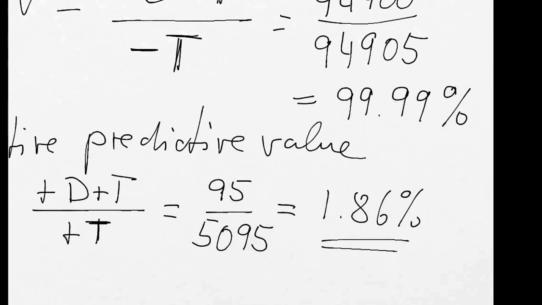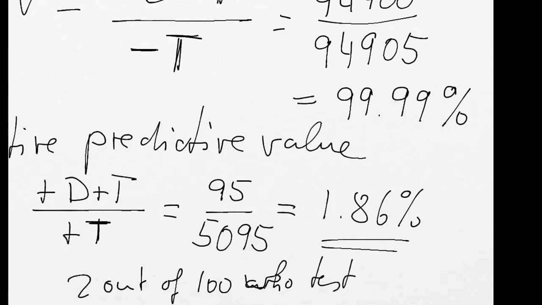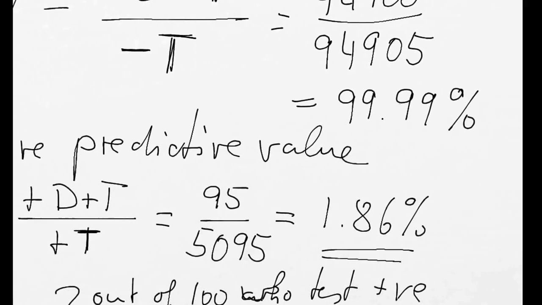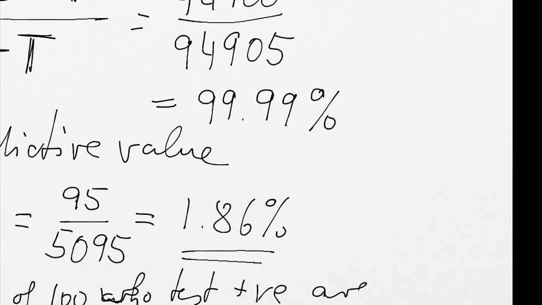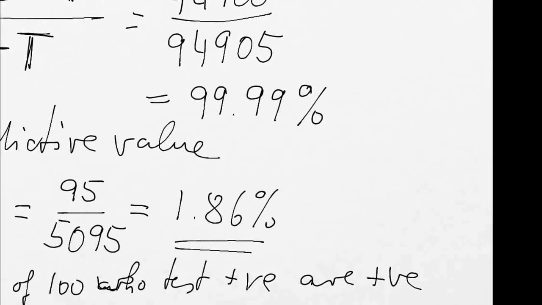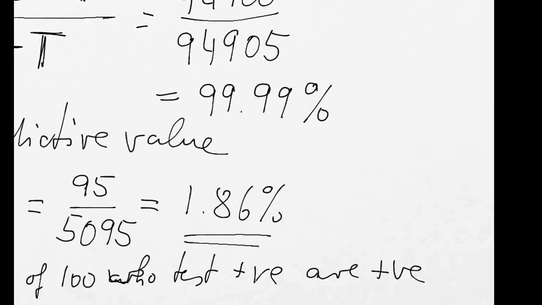You can say 2 out of 100 who test positive are positive, or 98 people who test positive are not positive. So although you test positive, you have a 2% chance that you are indeed positive.